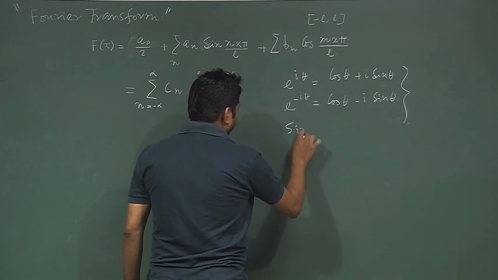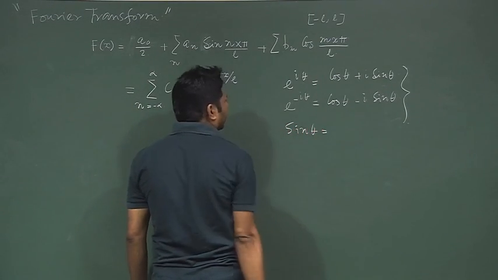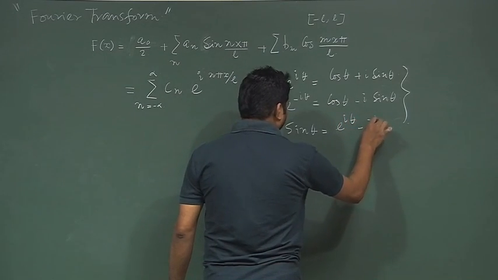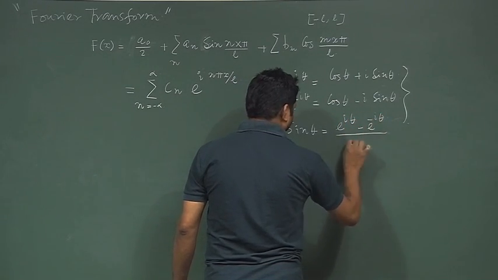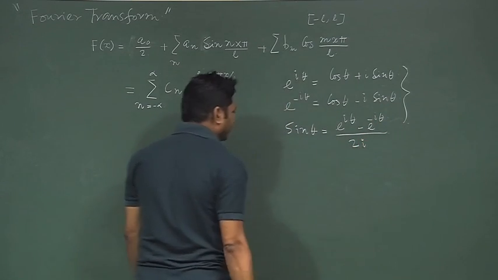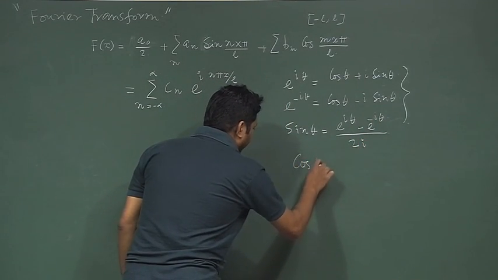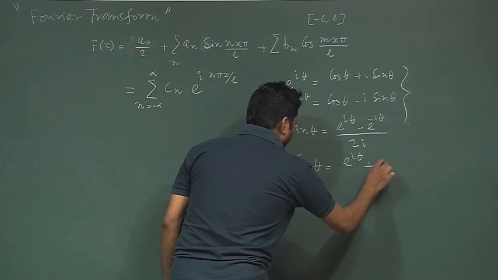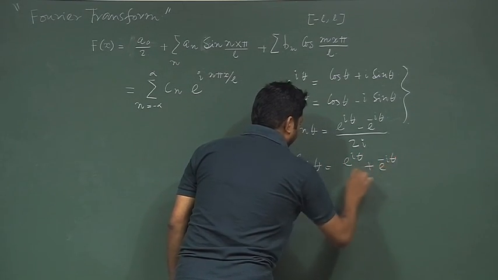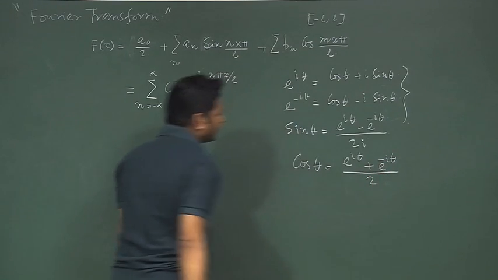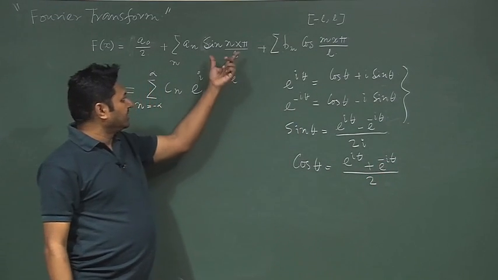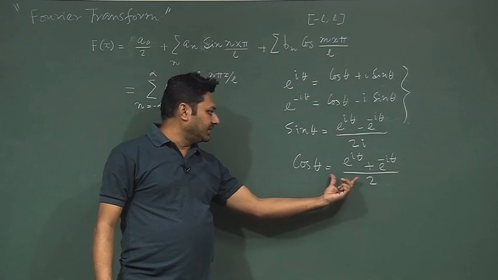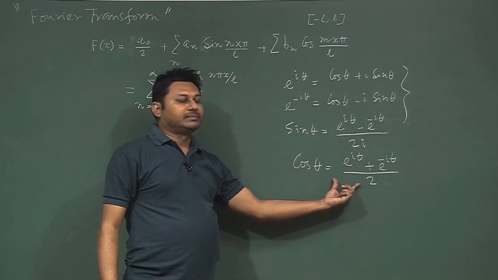So, sin theta is e to the power i theta minus e to the power of minus i theta divided by 2i. In a similar way, cos theta is e to the power i theta plus e to the power of minus i theta divided by 2. What I do is just replace sine and cosine in terms of e to the power i theta and e to the power minus i theta.